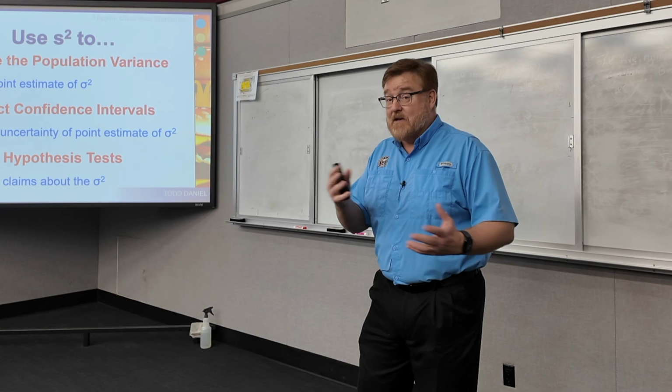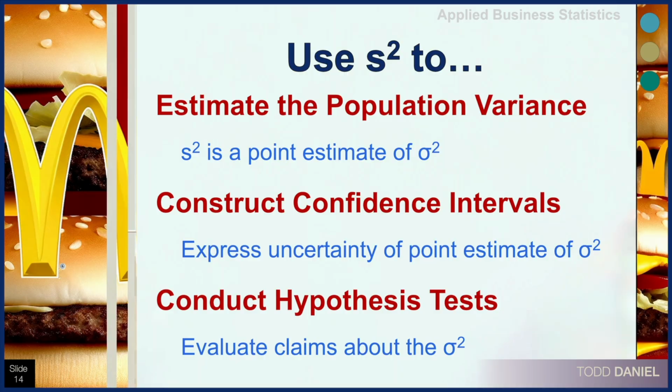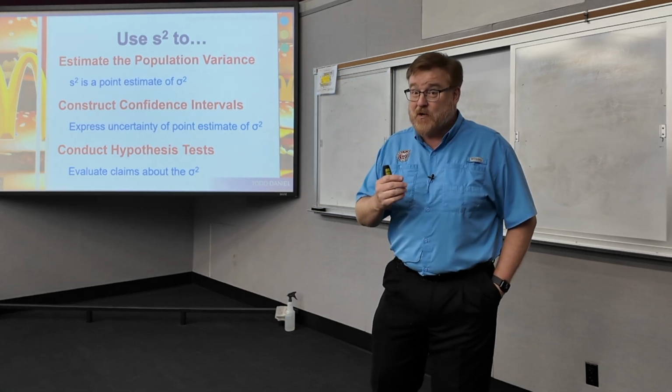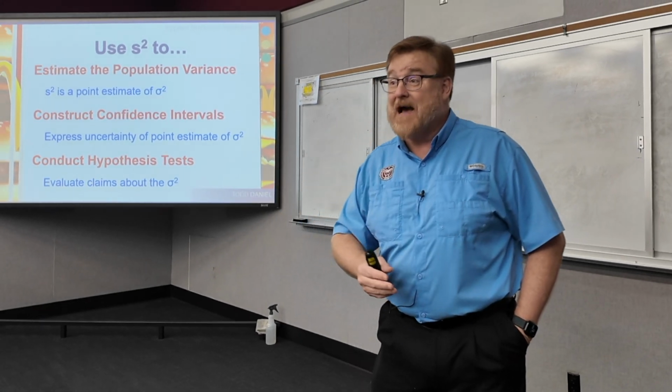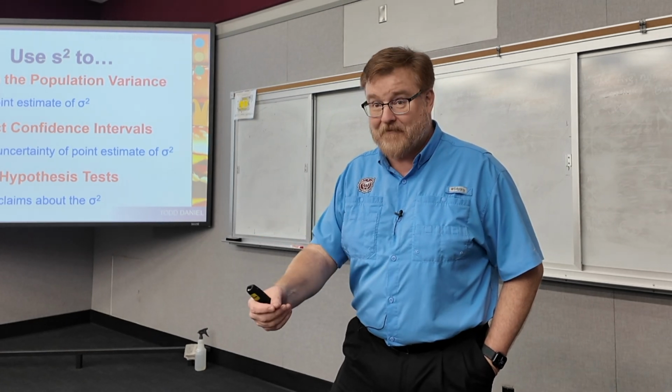And then what I can do is take that sample variance and use that for a hypothesis test. The hypothesis test is going to be based on a population value, and typically what that is going to be is whatever standard we have for the outcome. Specifically, if the cup says 12 ounces, then the standard we're shooting for is 12 ounces of coffee in that cup every time the machine dispenses the coffee.